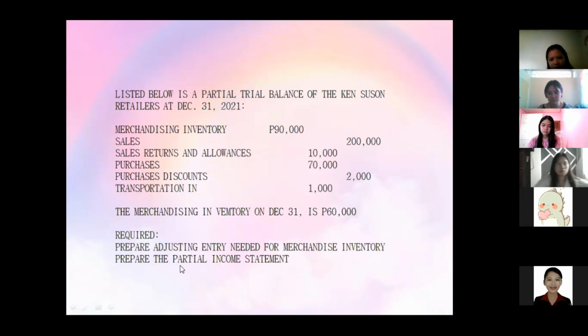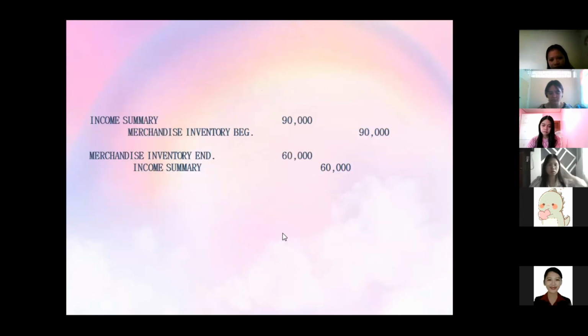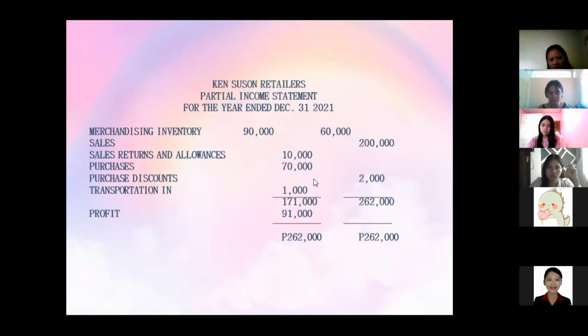Ito tapos yung prepare the partial income statement. Hirap i-type yun sa papel, so ipapakita ko na lang. May papel sa chat. Merchandise inventory na 90,000 for beginning and 60,000 for ending. Sales natin, lalagyan natin siya sa credit side for 200,000.